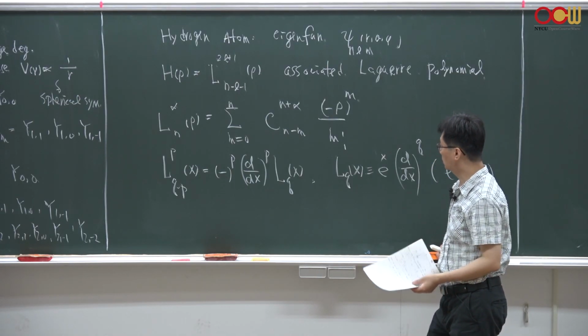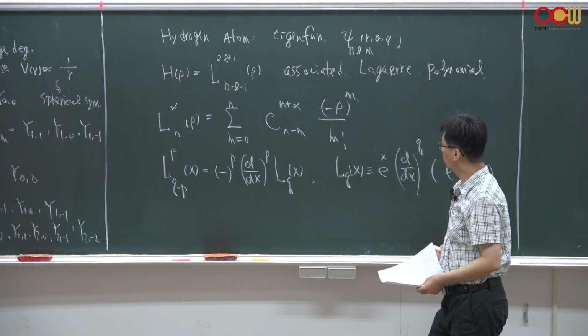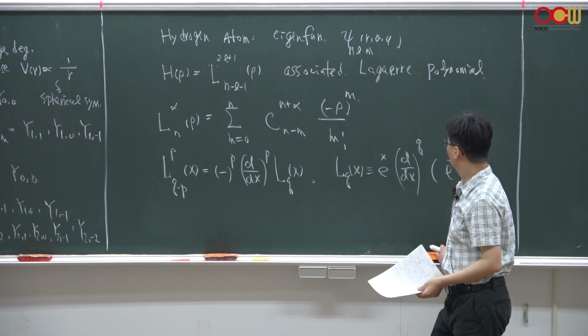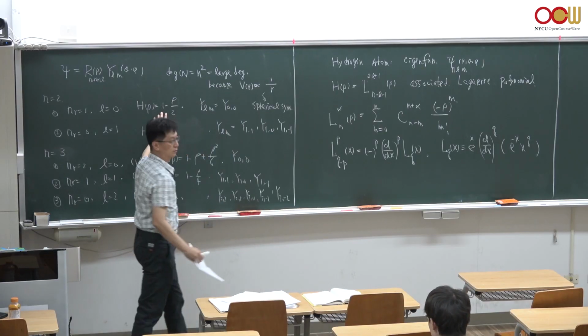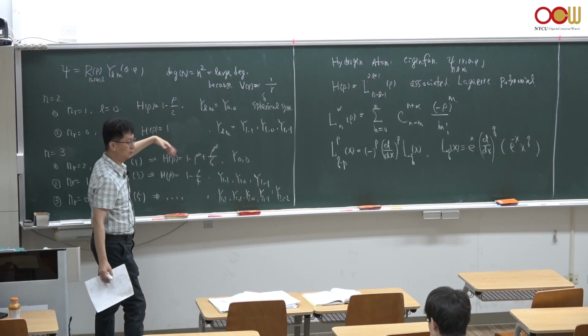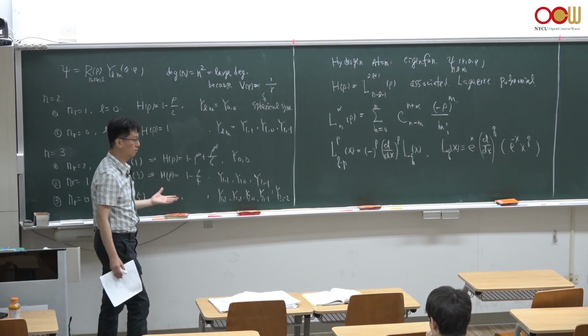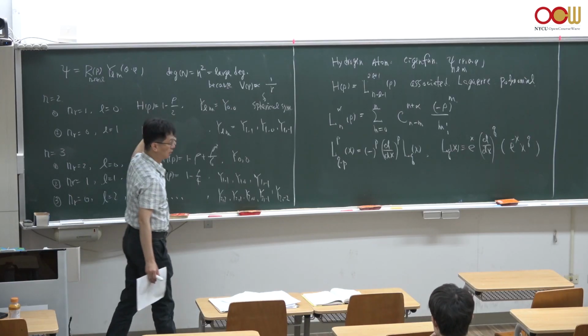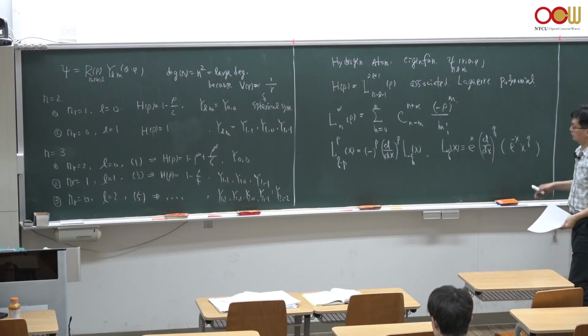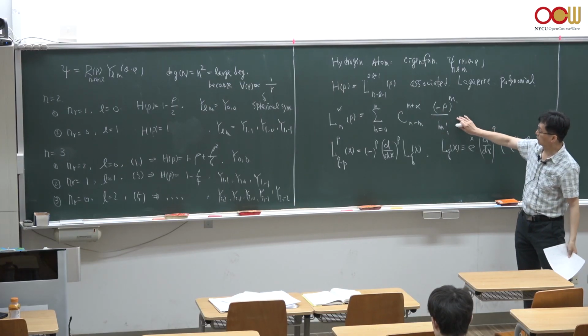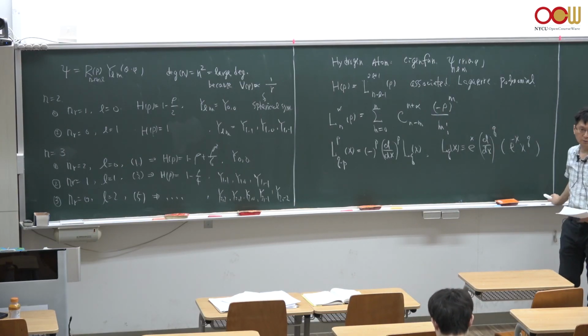There's a special name for that special function, the associated Laguerre polynomial. Of course, you have these results of H of rho in the simple cases, but in the much more complicated, higher excited states, you could follow this associated Laguerre polynomial to figure out the H function.